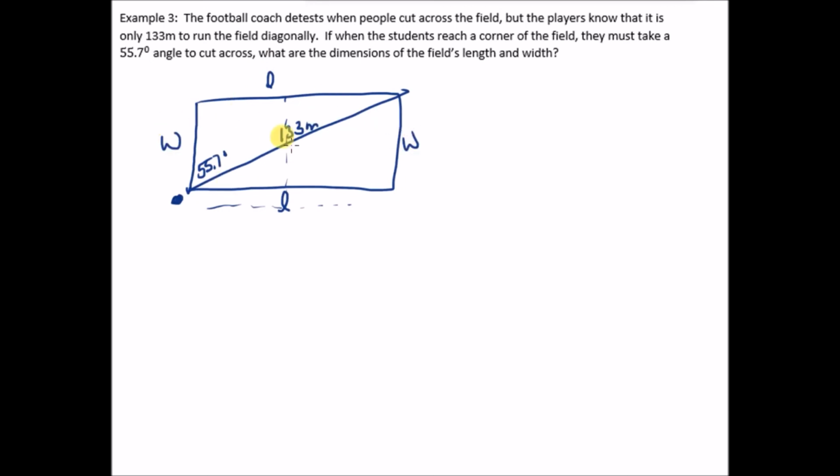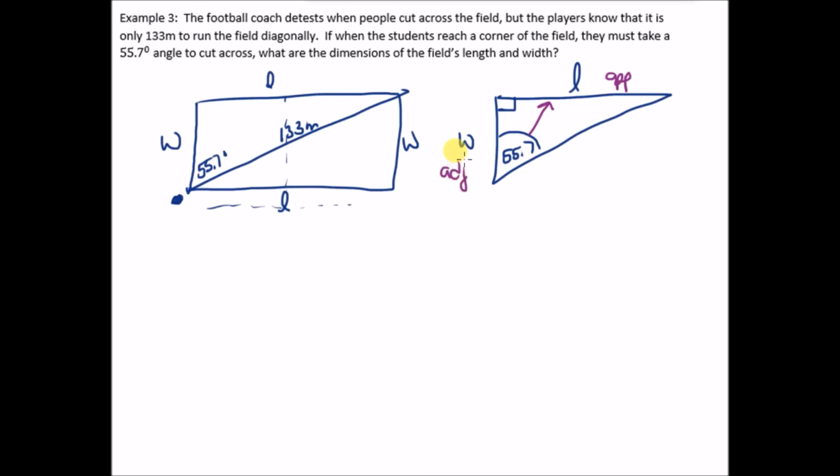So let's just break this up and take the one triangle. So we have 55.7, and then let's call this length and width. Let's use trig ratios. In regards to the 55.7, the length is actually the opposite, and the width is actually the adjacent. And then the 133 would be the hypotenuse. We have to solve for W and L, so the opposite and the adjacent.